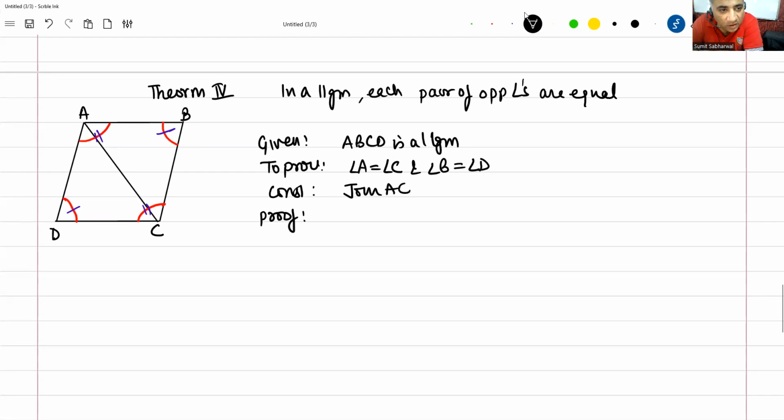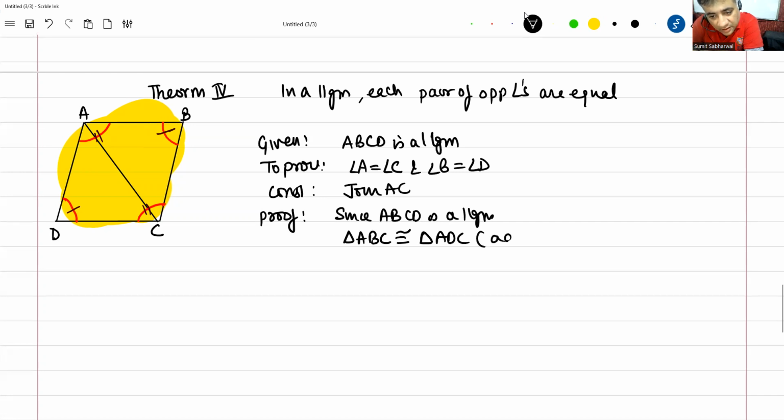AC. Now, since ABCD is a parallelogram, can I say that triangle ADC is congruent to ABC as per our first theorem that a diagonal divides a parallelogram into two congruent triangles? I will simply say since ABCD is a parallelogram, we can say that triangle ABC is congruent to triangle ADC.